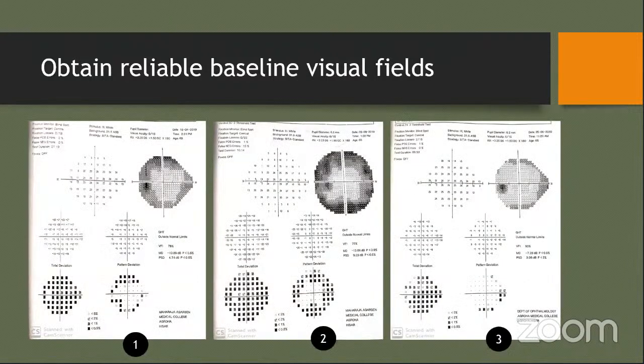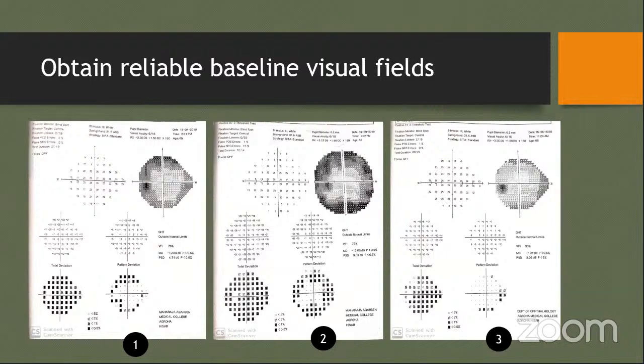If you see on this screen, we have three fields. From field 1 to 3, on repetitive testing, the patient's parameters have changed and improved to the level where we can rely on it as the baseline.